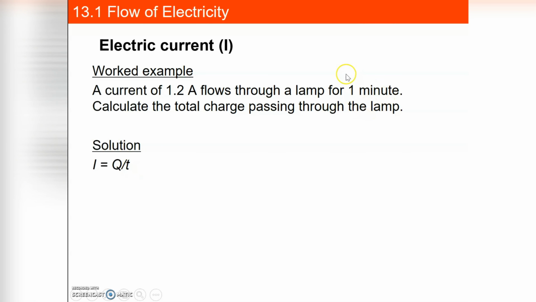T is the time, but it should be measured in seconds. So to calculate the total charge, Q, it will be Q equals I times T. Your current I is 1.2 amperes. The time is 1 minute, convert it to 60 seconds. So our answer is 72 coulombs, capital C, for your charge.